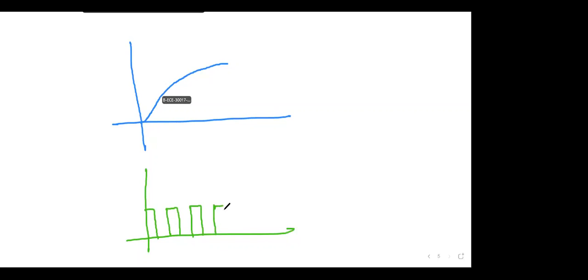See, the magnitude is the same for this range, right? From this point to this point, it is the same only.